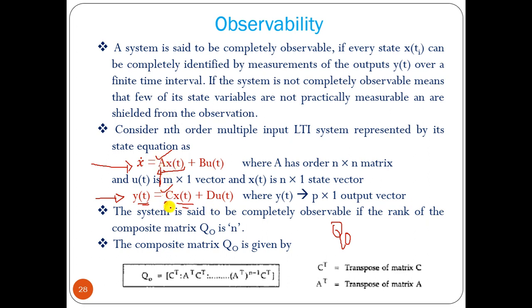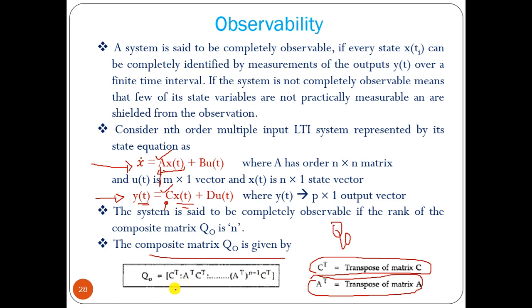So A and C matrix we have to take. And how to find the composite matrix Q0? The size of the composite matrix should be equal to the size of the A matrix. Here what you have to do? We have to take the transpose of C matrix and transpose of A matrix.